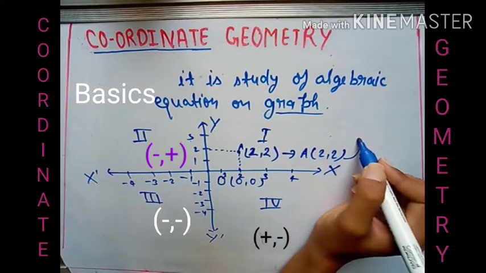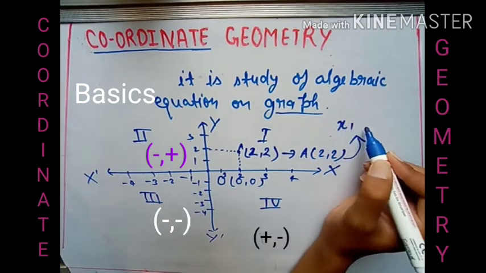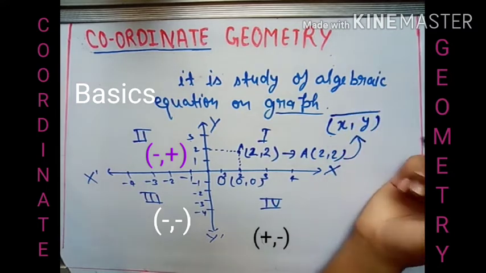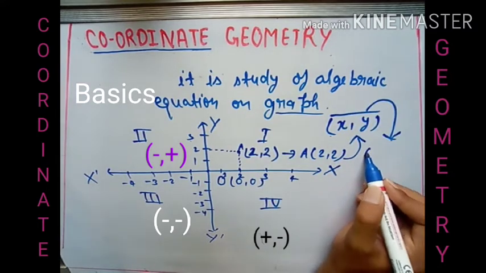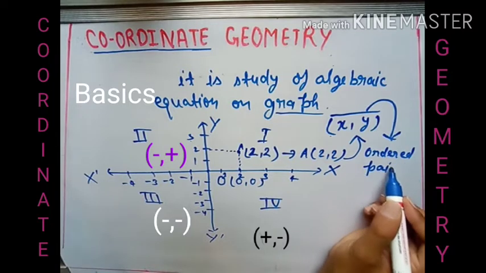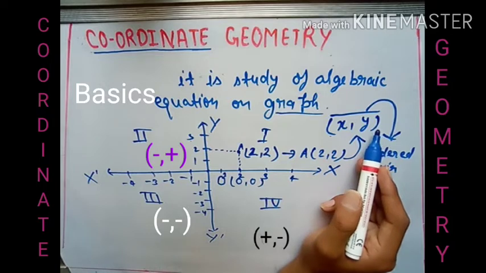So let us understand its basics. First of all, we will write x and then thereafter y, and these both together are known as an ordered pair. In an ordered pair, x is written first and then thereafter y. Understand?